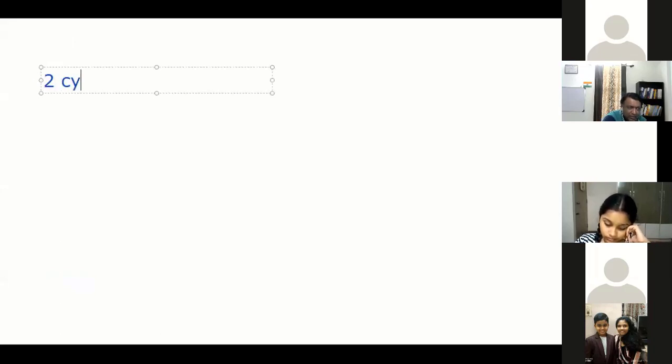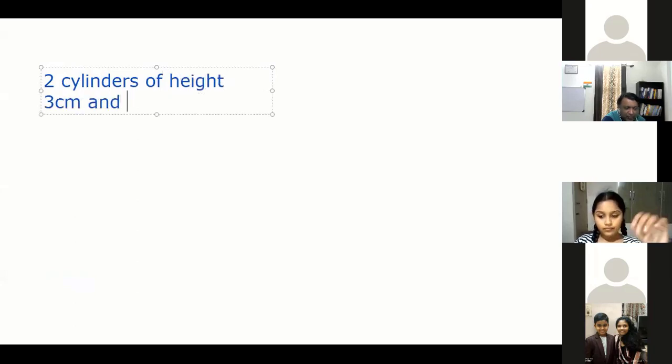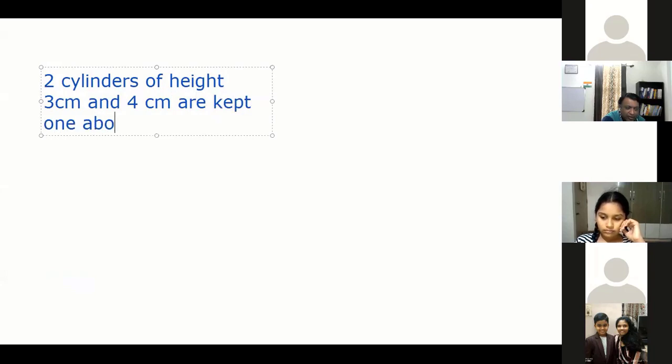Two cylinders of height 3 centimeter and 4 centimeter are kept one above other.